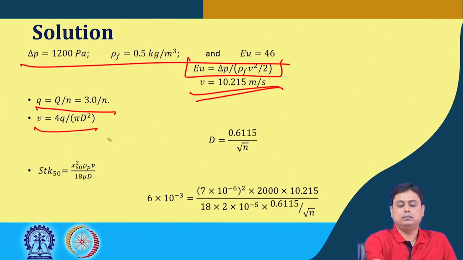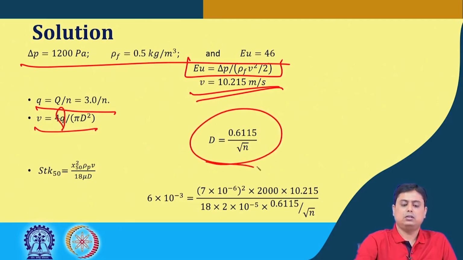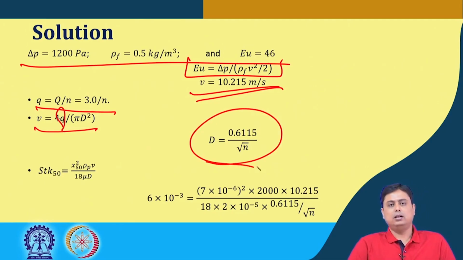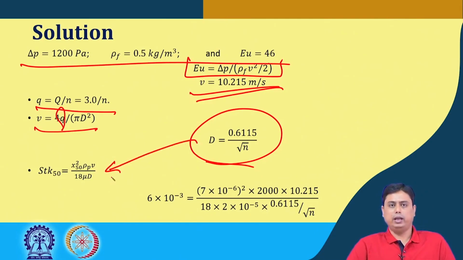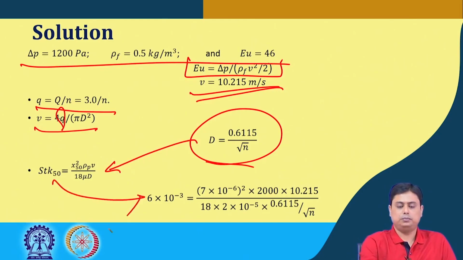From V and Q, we can calculate the required diameter in terms of n. We put it in the Stokes number to find the value of n, because the Stokes number is known.